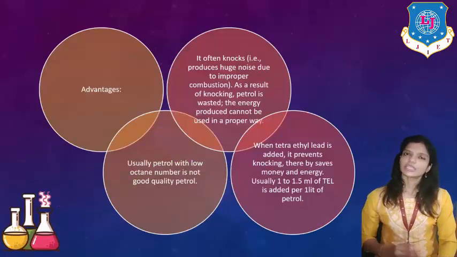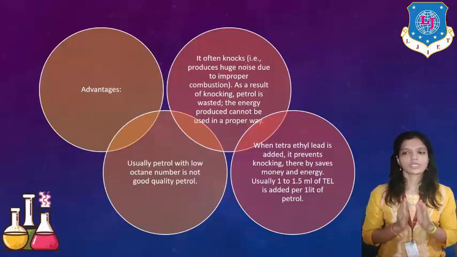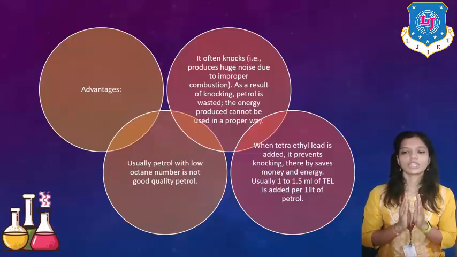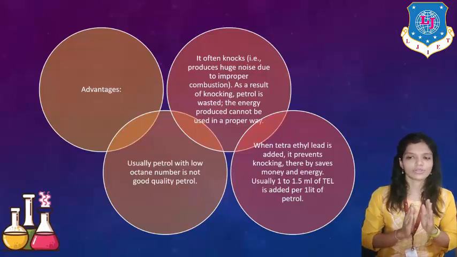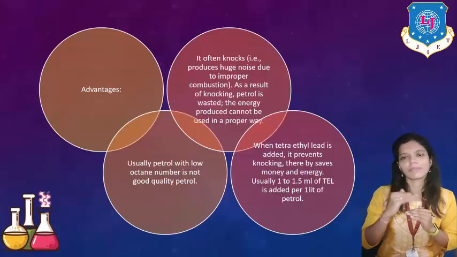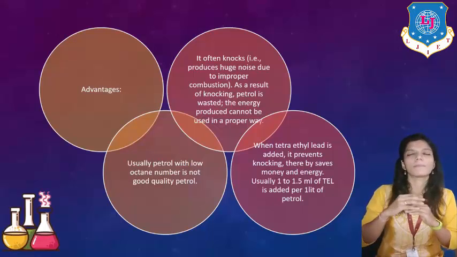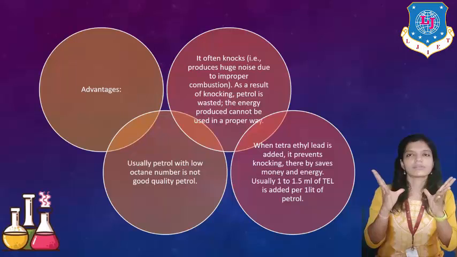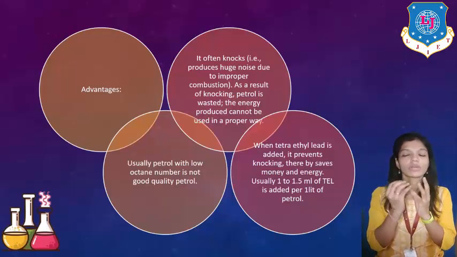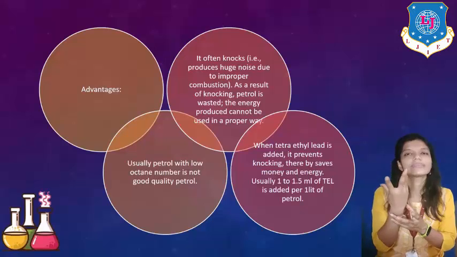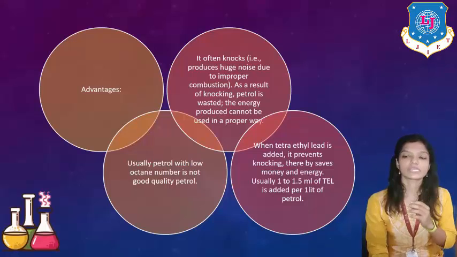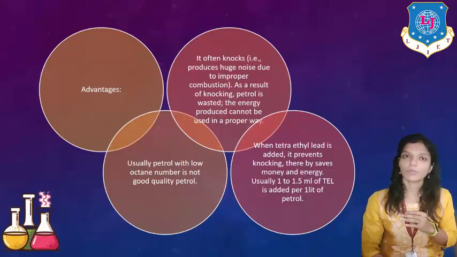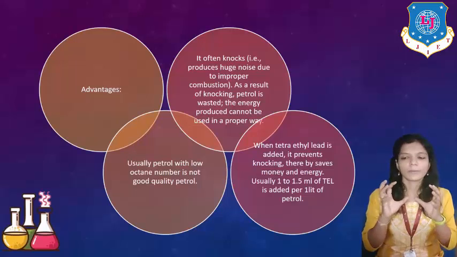Now let's take a look at the advantages. Petrol with a low octane number is not considered good quality petrol. It often knocks, and knocking produces noise due to improper combustion. As a result of knocking, petrol is wasted; the energy produced cannot be used in a proper way and you will not get the proper result.